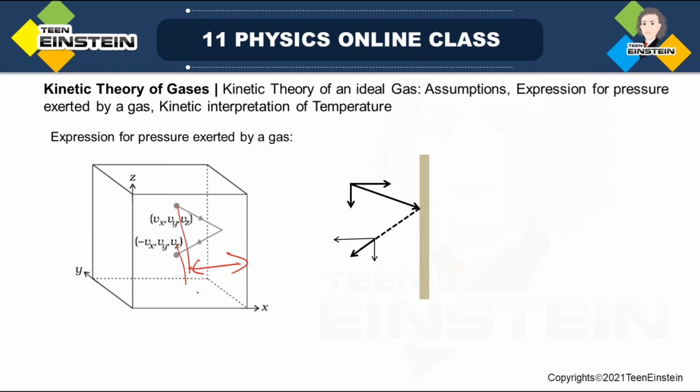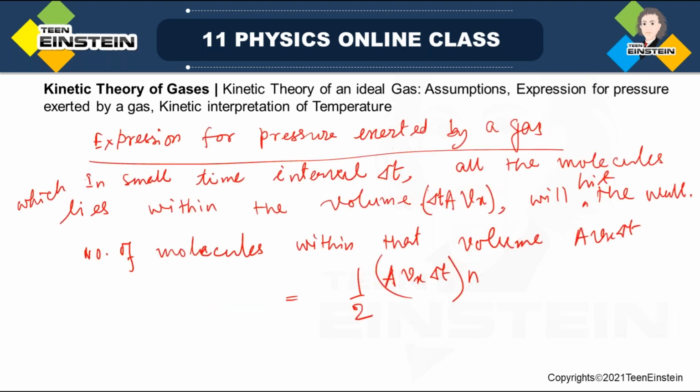That's why we said Vx A delta x. So half of the molecules are hitting: half into A into Vx into delta T into n. These are the molecules which are hitting the wall.